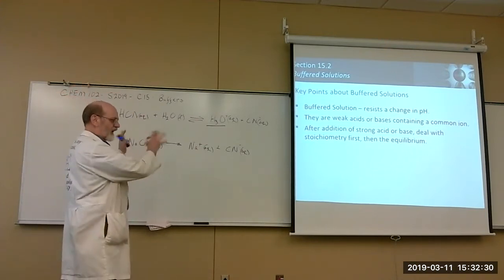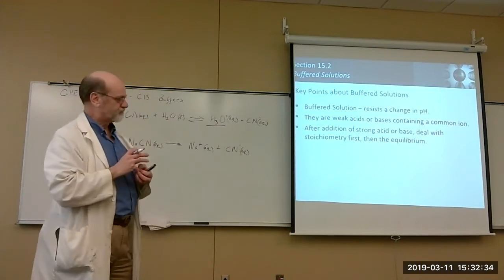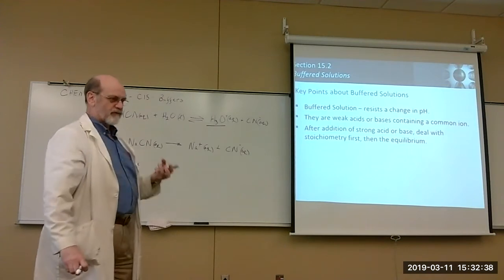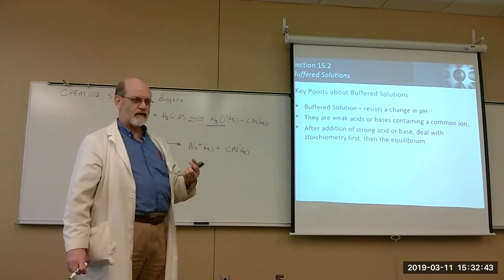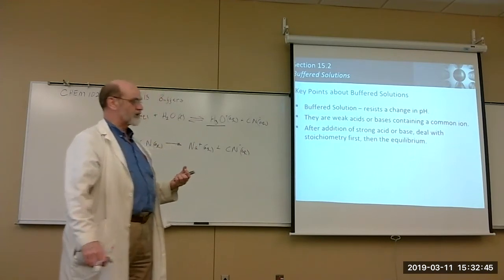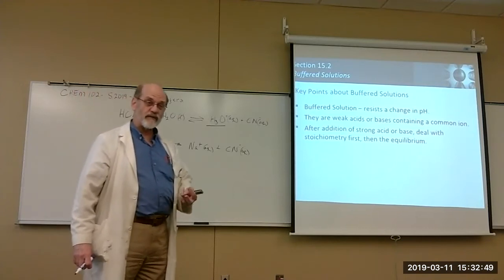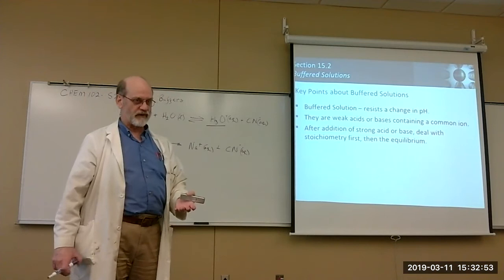Now that we have that concept in mind, let's define what a buffer is. A buffer, in chemical terms, is any solution that resists a change in pH. If the solution is at equilibrium and we do something to disturb it, it will resist that movement.